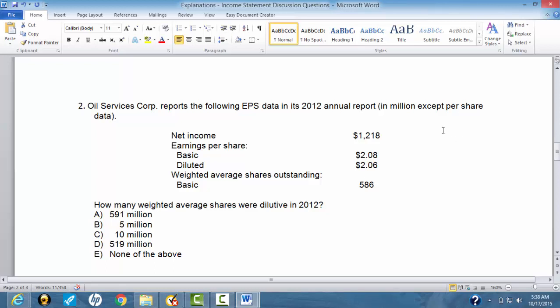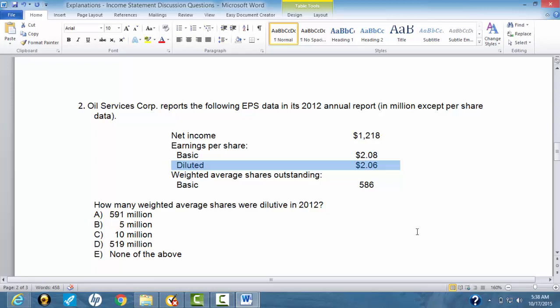So let's look at Oil Services Corporation, which reports EPS data in its 2012 annual report. Net income is 1218. Basic EPS is 2.08. Diluted EPS is 2.06. Now recall that the diluted EPS is a smaller number compared to the basic EPS.